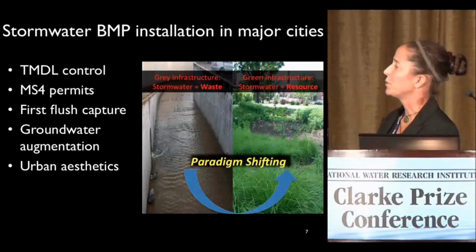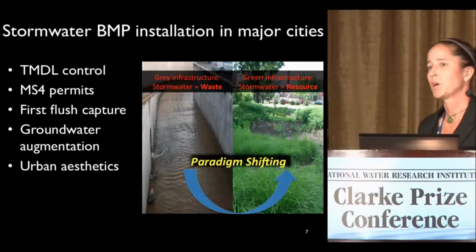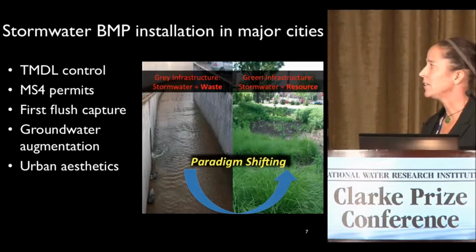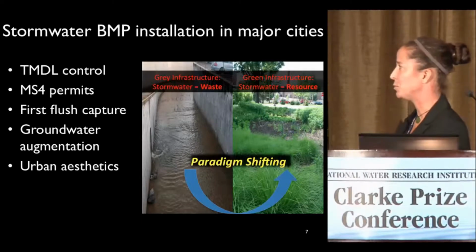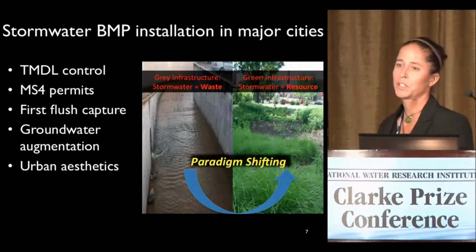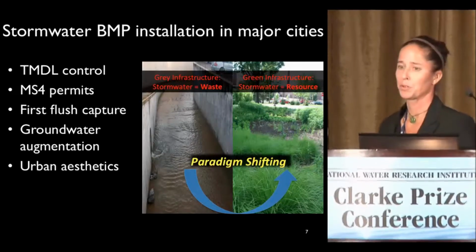They want to move from something like this to this, which is a really nice looking rain garden where the stormwater can infiltrate. And ideally, as engineers, we'd like to think that this could be engineered to remove contaminants and actually infiltrate into the groundwater where it can be available as a potable or non-potable resource.